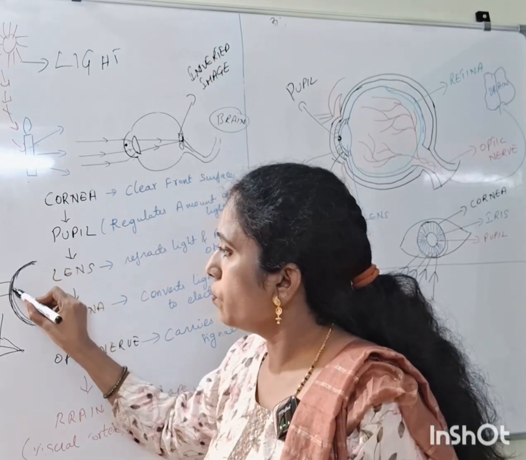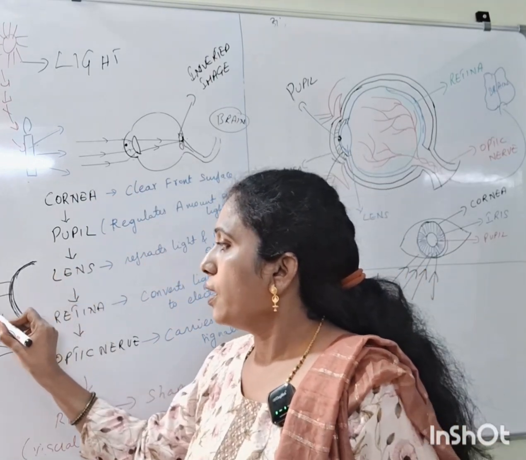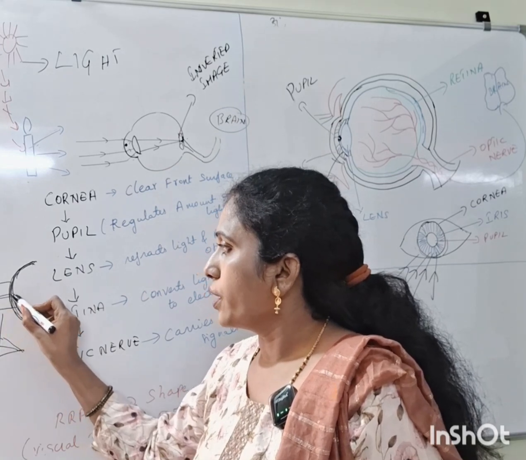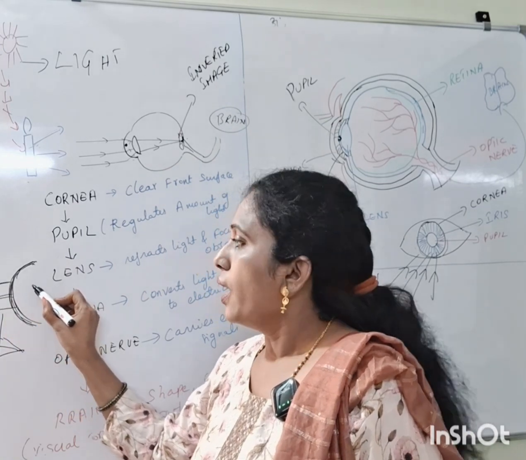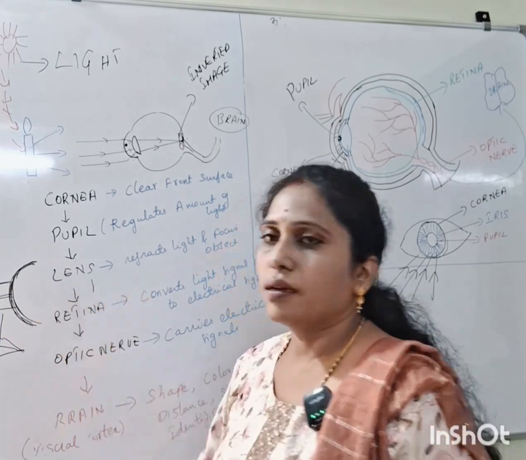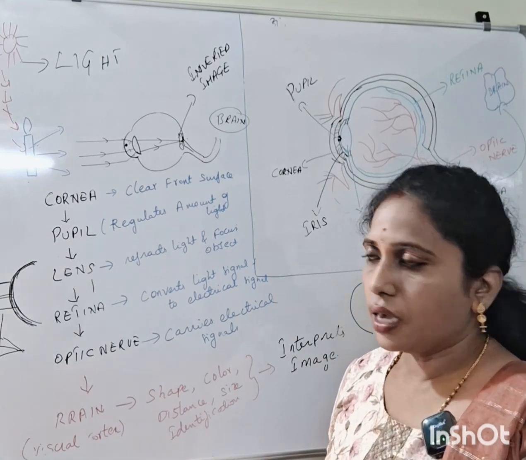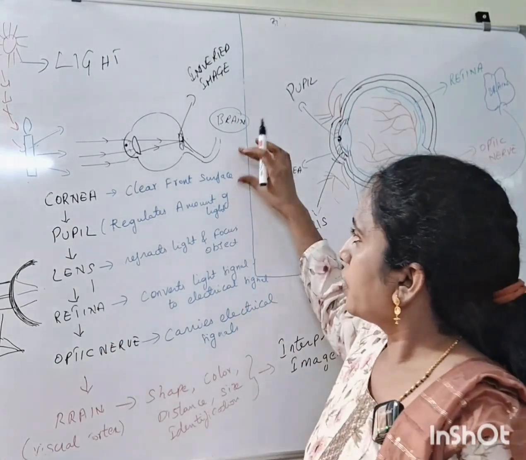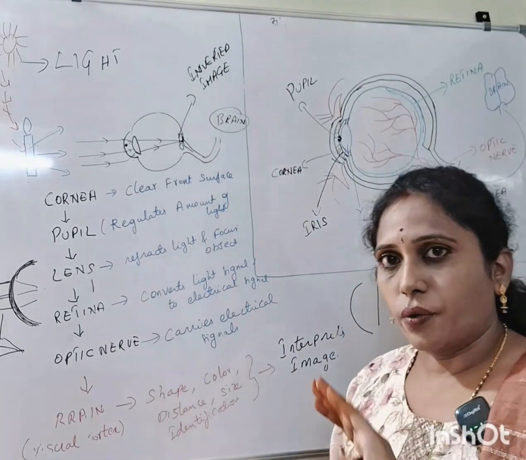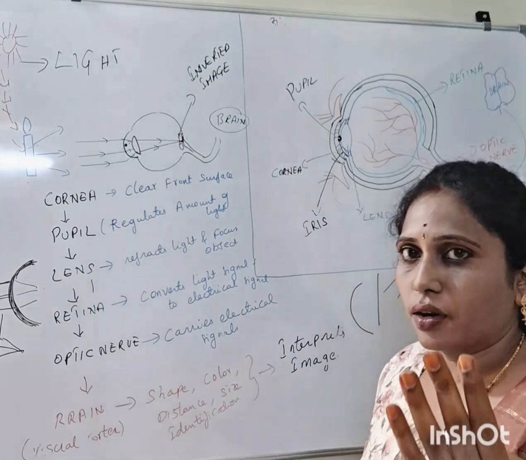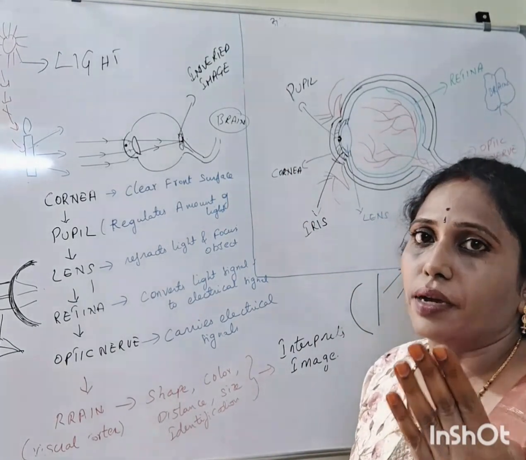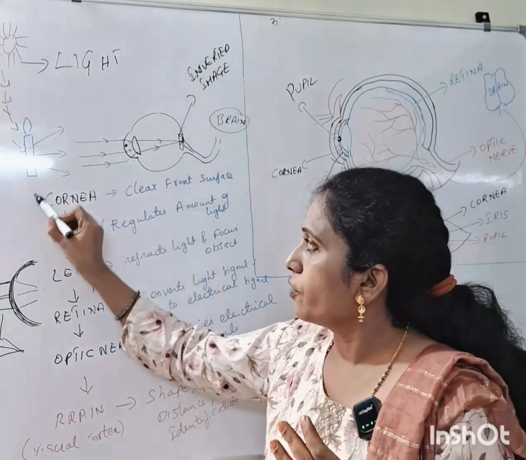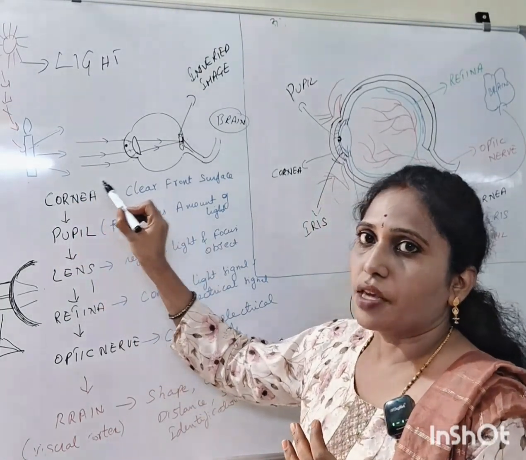If there is no bending by the cornea, the light rays coming from infinity will not bend properly and will not reach the retina properly, so the image is not formed clearly. The main thing to remember is that the cornea should always be clear. Only then will the image be clearer. If it is not transparent, the image will be blurred.